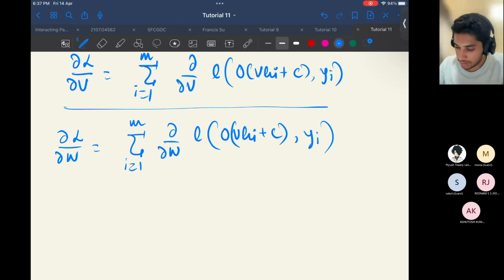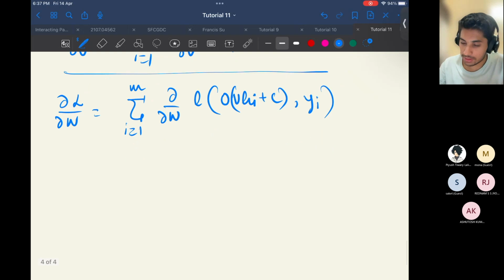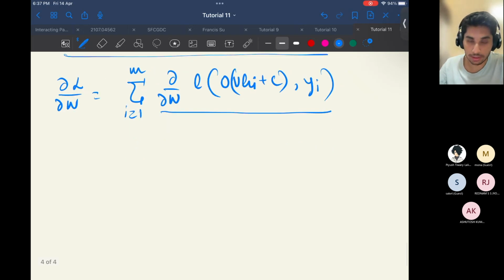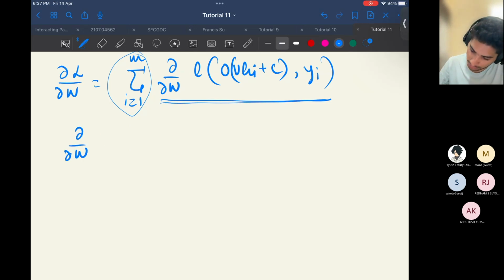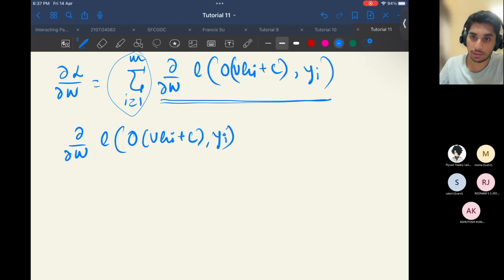Now what is the issue? Why is this non-trivial? Let us look at one of these terms. I will consider the summation later, but let us consider this first: del by del W of l of O of V hi plus C, comma yi. Why is this difficult to calculate?